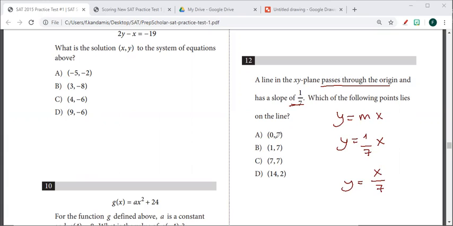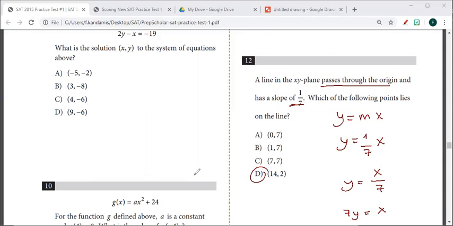So just check: y is not 1/7 of the x value. In other words, x values are 7 multiples of y values. So x is not 7 times y. 14 is 2 times 7, so this is the correct answer.